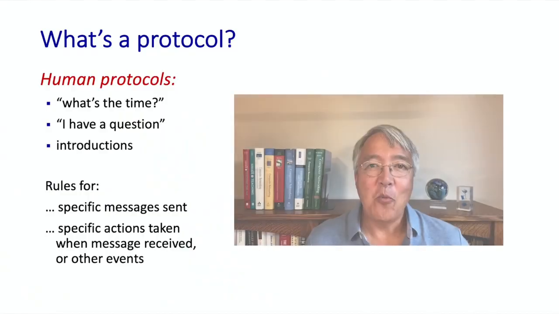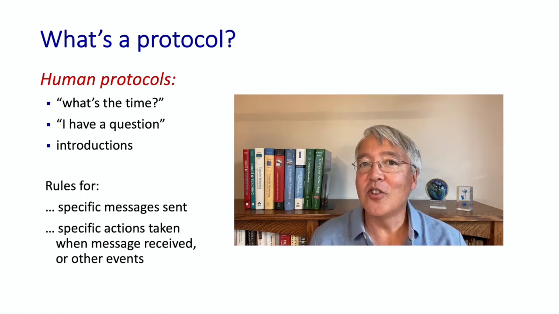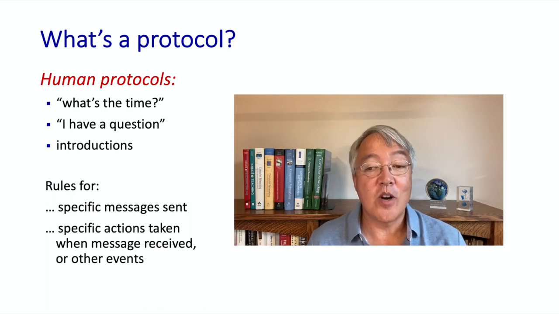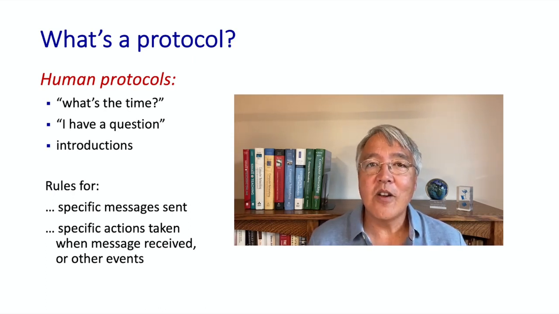So why don't you pause me for a second and just think about what other human protocols you can think of? Well, hopefully you've thought of a couple of good human protocols. So for the protocols that you just thought of and the protocols that we talked about before, the question answer protocol and the what time is it protocol, what are the common things that we see in these protocols?